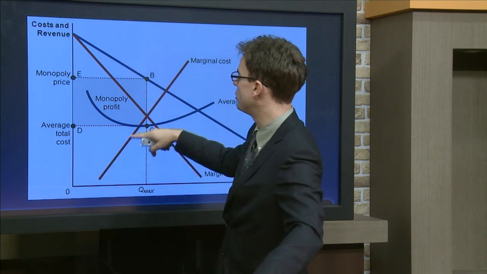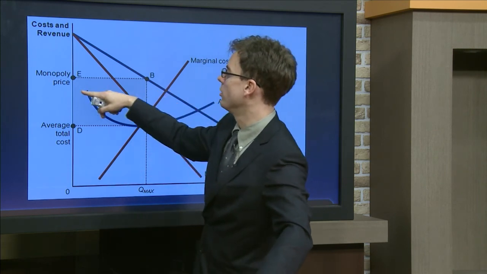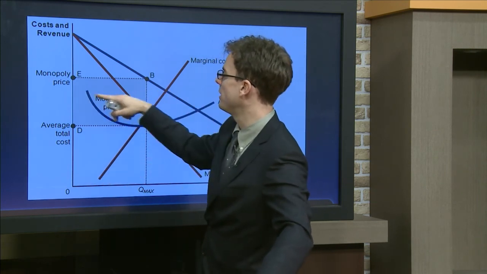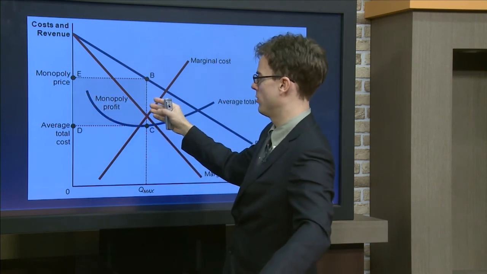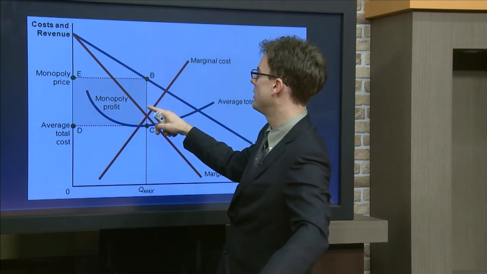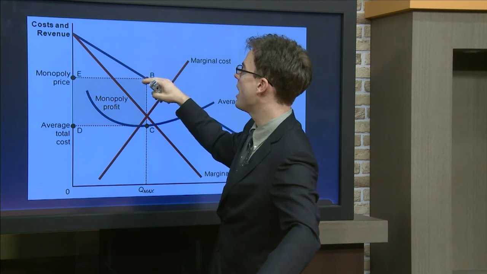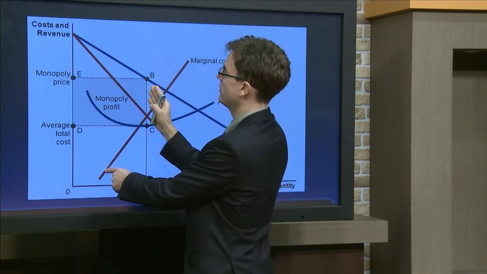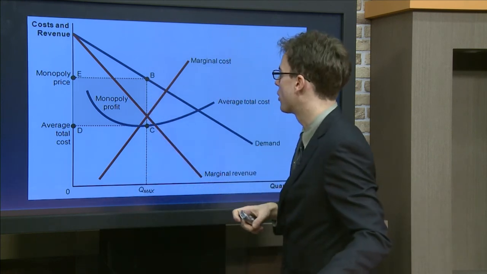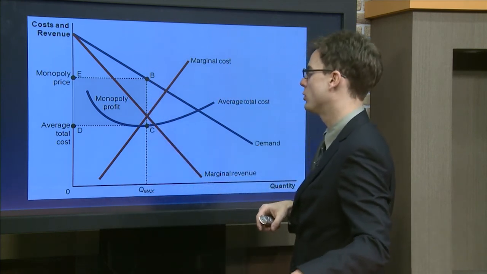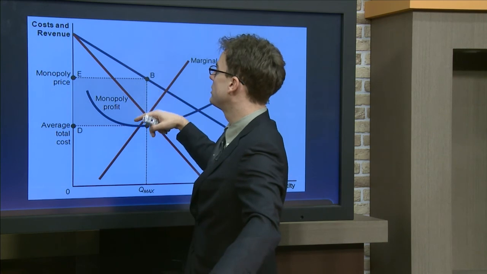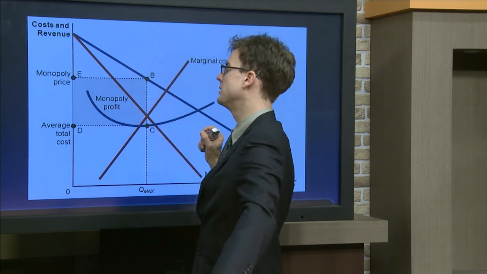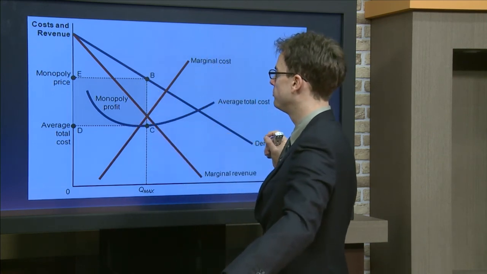Producer surplus used to be this triangle in a competitive industry, and now producer surplus is higher, so this area for producer surplus becomes higher, but slightly narrower. So perhaps producer surplus increased in the case of monopoly.